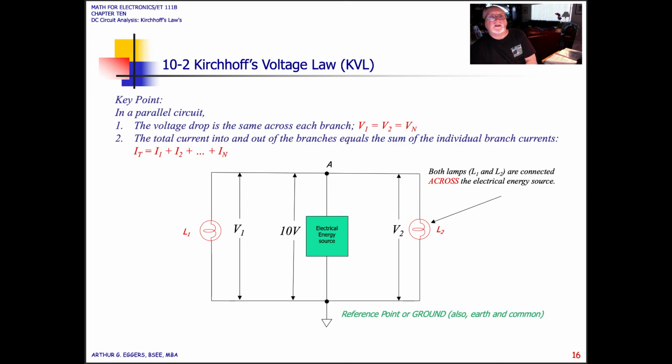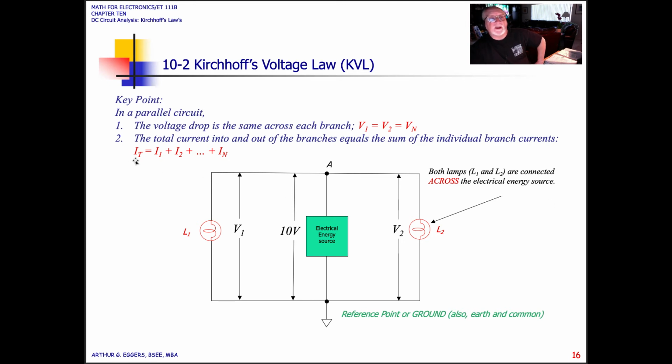In a parallel circuit, then, the voltage drop is the same across each branch. So in this case, V1 and V2 are the same, and we can say then that the voltage in the network is in fact 10 volts. The total current into and out of the branches equals the sum of the individual branch currents.